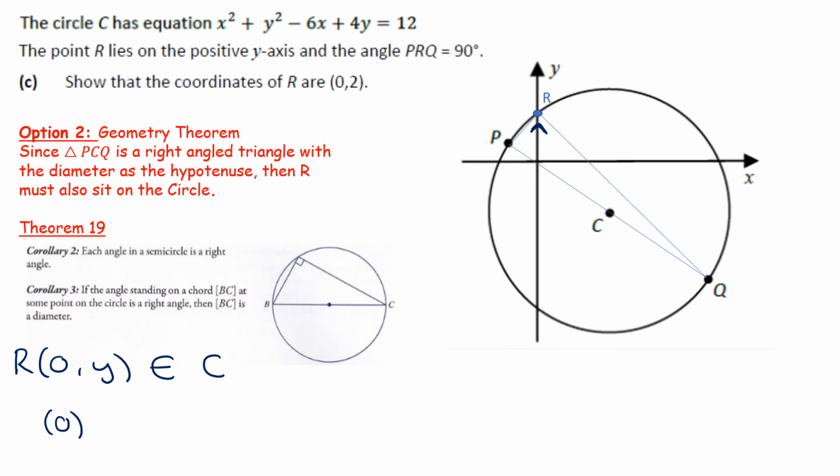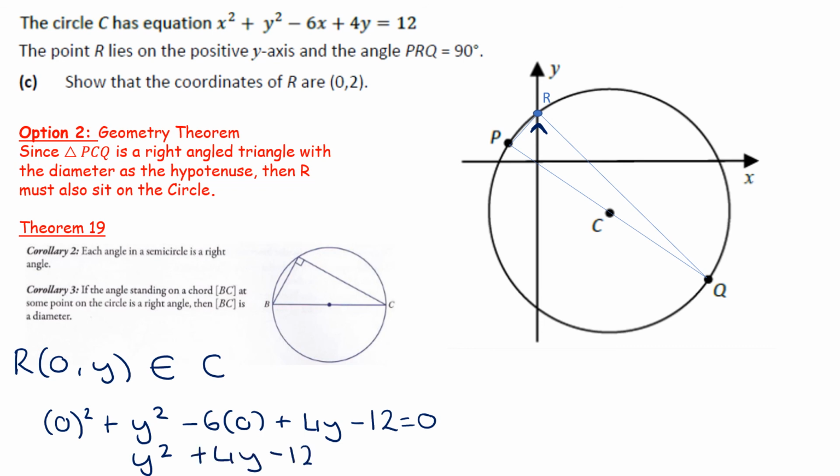So I get 0 squared plus y squared minus 6 times 0 plus 4y minus 12 equals 0. And when I tidy that up, I get y squared plus 4y minus 12 equals 0, which is actually the same quadratic trinomial we had using the last option. So we basically end up with the same thing.